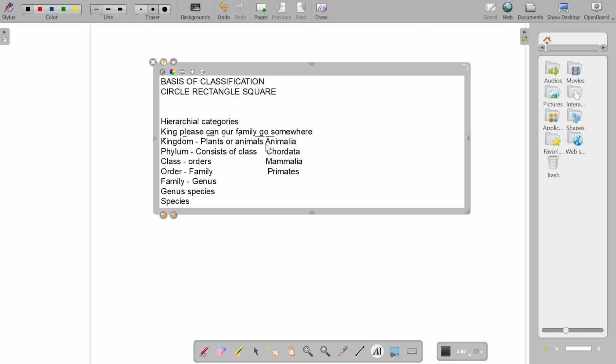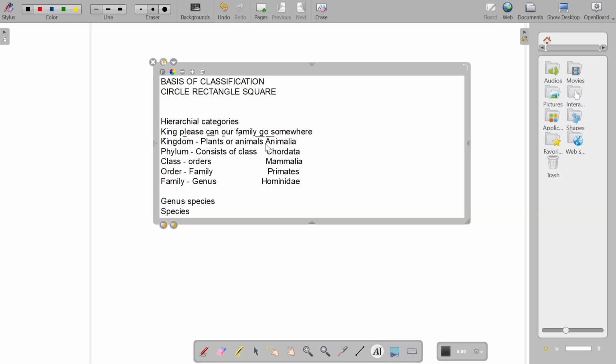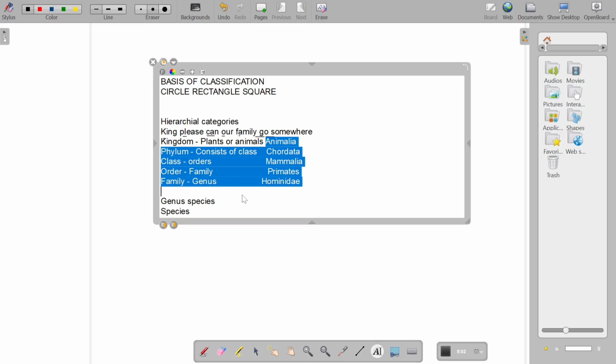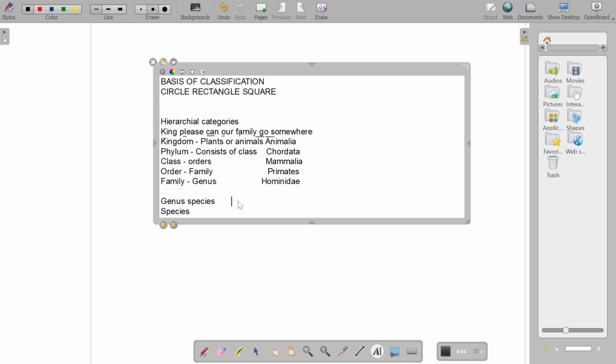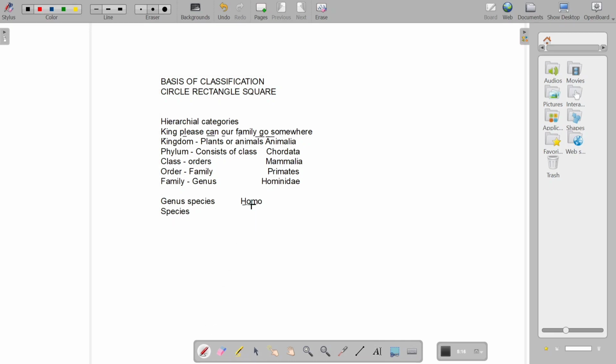Then family Hominidae, because we have resemblance to the characters of apes as well as the arrangement of the skull. Then genus Homo. The first letter should always be capital.